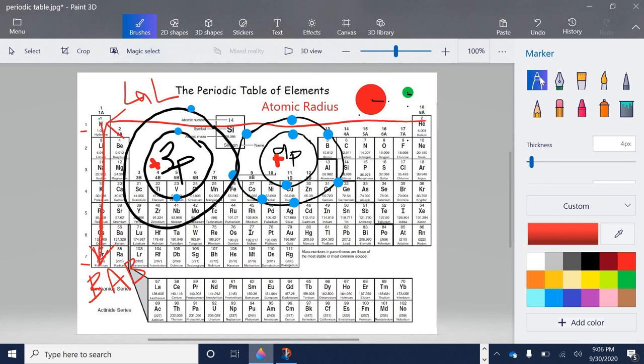That means every single one of these electrons is being held 3 times more strongly by the nucleus of a fluorine atom compared to a lithium atom.